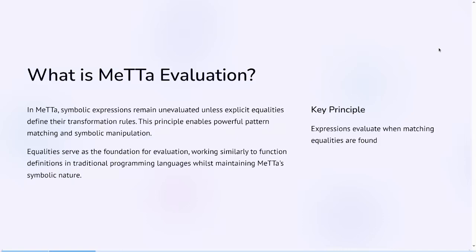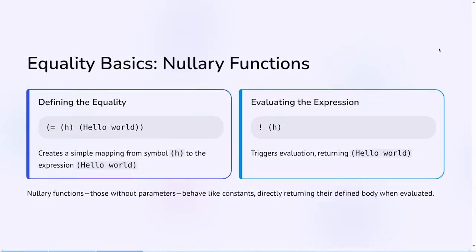For example, when we call the expression h without assigning any value to it, it just prints the expression itself, like this. But if we define an equality, or assign some value to an expression, it will reduce the next time we call it.